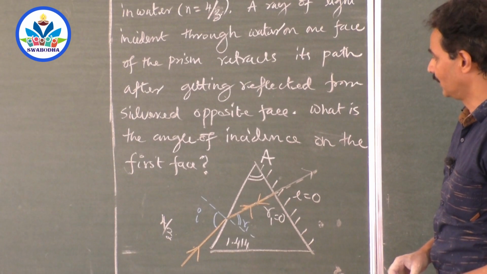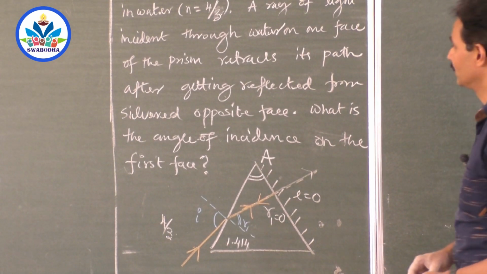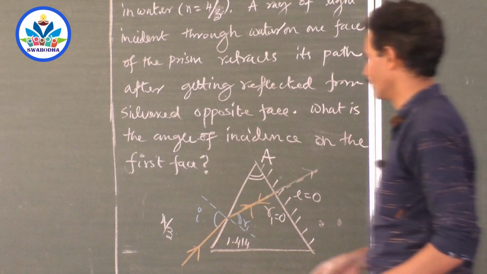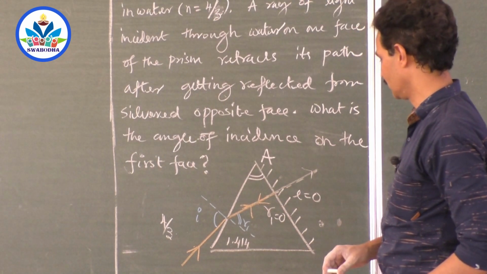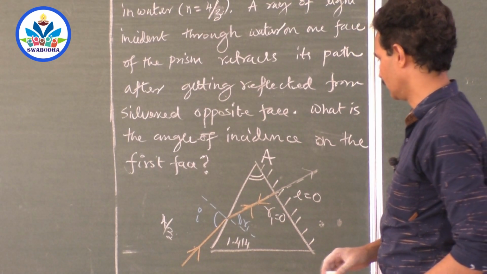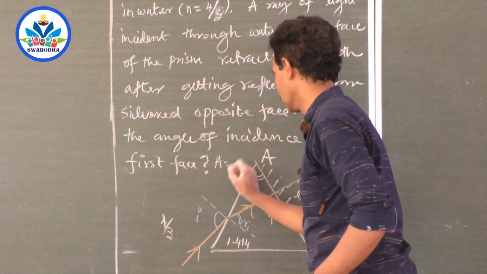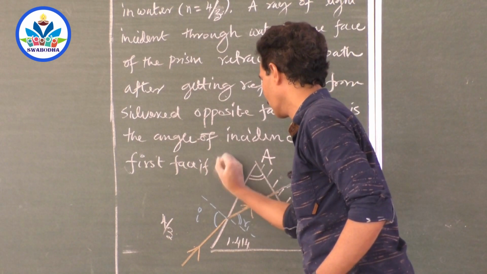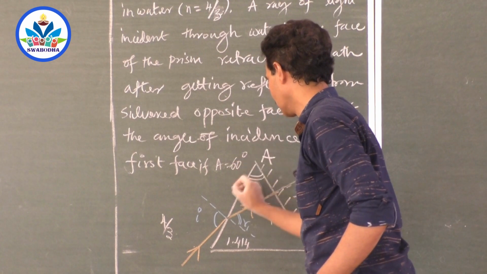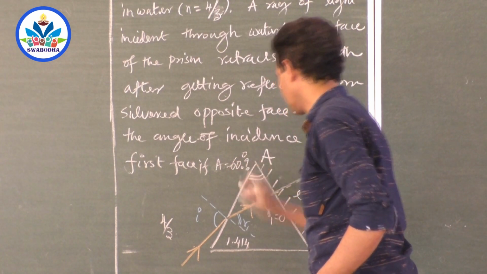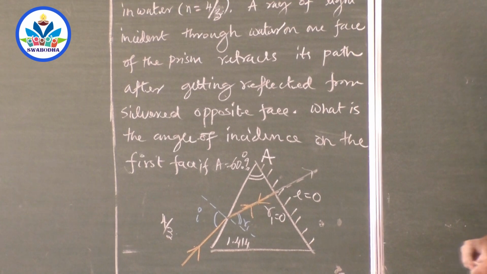A prism is made up of some material. Say the angle is given. The angle should be given, otherwise it is not possible. You can't solve this. Say A is equal to 60 degrees, otherwise this problem is incomplete, right?